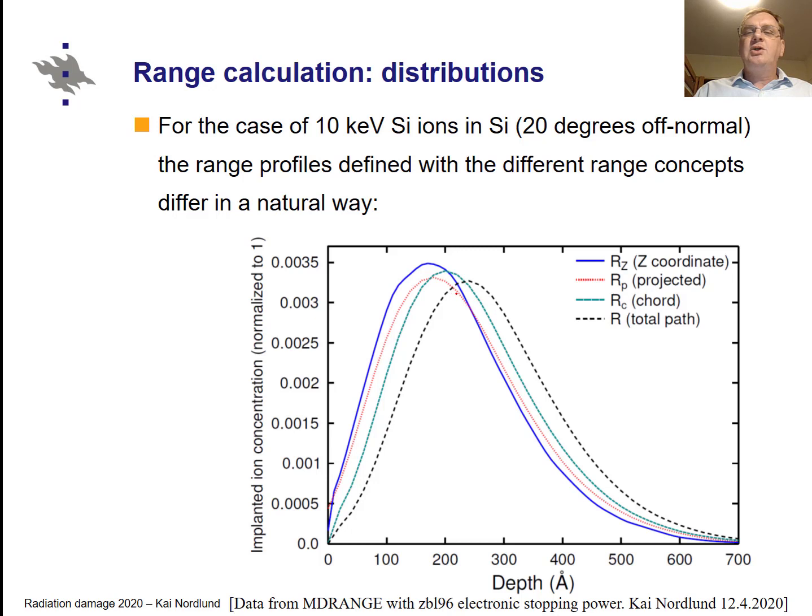Then the projected range is a bit shorter because it's projected on the direction, and then the z coordinate range is the shortest. And of course, when you know the incoming angle theta, then the projected range and the z range are approximately related to each other as cosine of theta. So these two have a simple relation, whereas it's not possible analytically to give the chord range or the total path, even if you know the projected range.